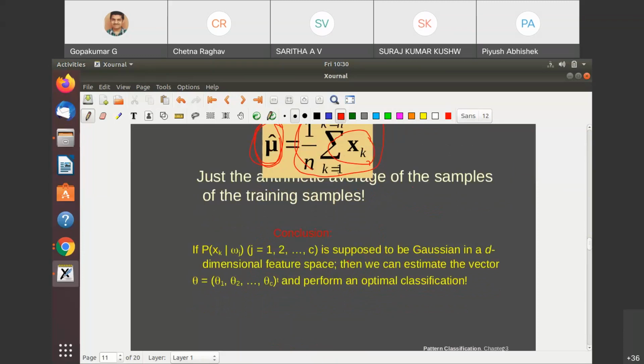So the conclusion is, suppose we can follow this procedure. Suppose there are C classes, and assume that they are Gaussian, in a d-dimensional feature space. Then we can estimate the vector and perform an optimal classification. In the specific case where the variance is known, mu was the only unknown parameter.